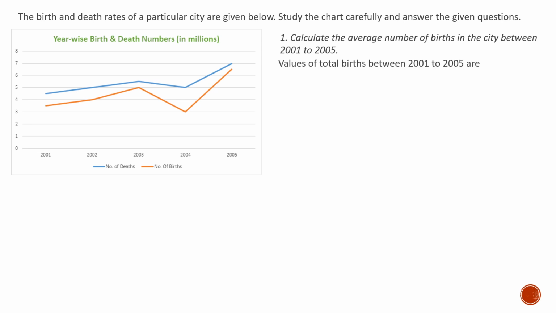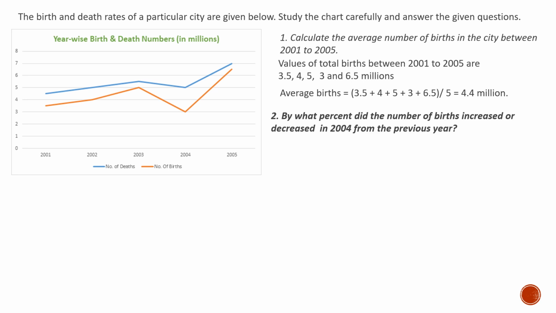So total birth will be 3.5 plus 4 plus 5 plus 3 plus 6.5, divided by 5, which is 4.4 million. So the average birth over all the years is 4.4 million.